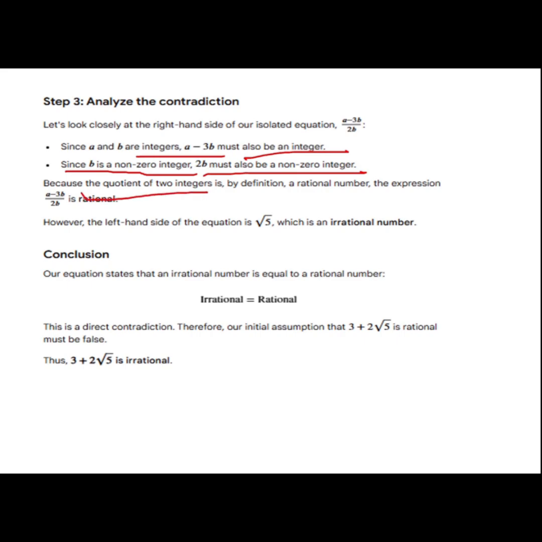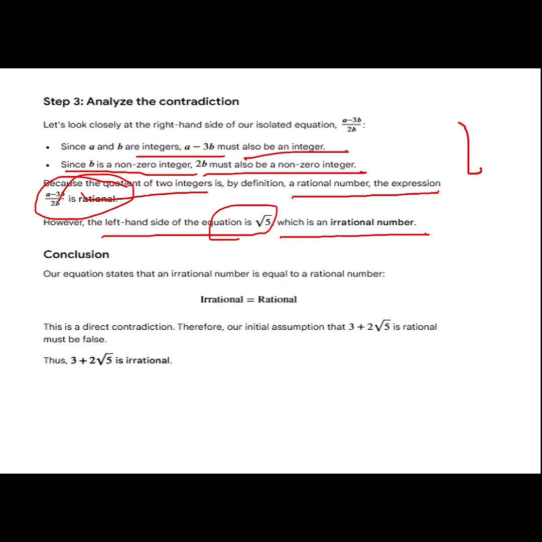Because it is a quotient of two integers, the number expressed as a minus 3b divided by 2b is rational. However, on the left hand side of the equation is root 5, which is an irrational number. From this, we conclude that an irrational number is equal to a rational number.